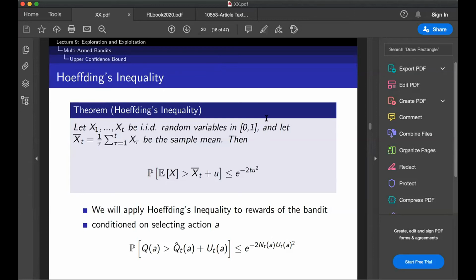At that point, you can just take an average of those 10 samples, and that's your sample mean. Now, what's the probability that the actual expected value of that arm is greater than the mean plus a U term? Here U is the upper confidence bound we talked about in the previous slide. The probability is bounded by e to the power of minus 2tU squared.